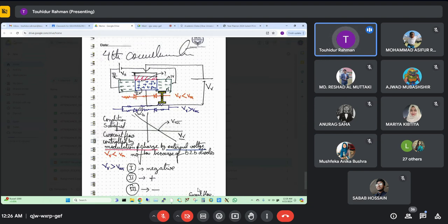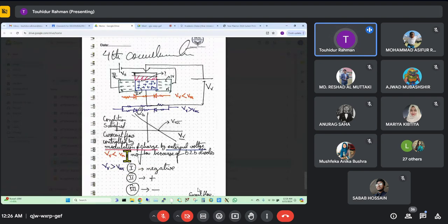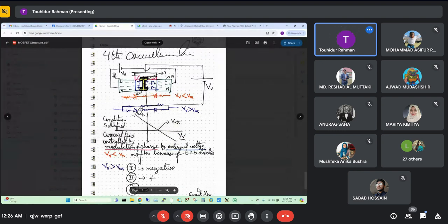You can see this equivalent circuit, we have two back-to-back diodes. So for this condition, vertical voltage less than threshold, no flow of current because of back-to-back diodes. But if we apply vertical voltage which is greater than threshold, then we will have negative charge at the bottom.